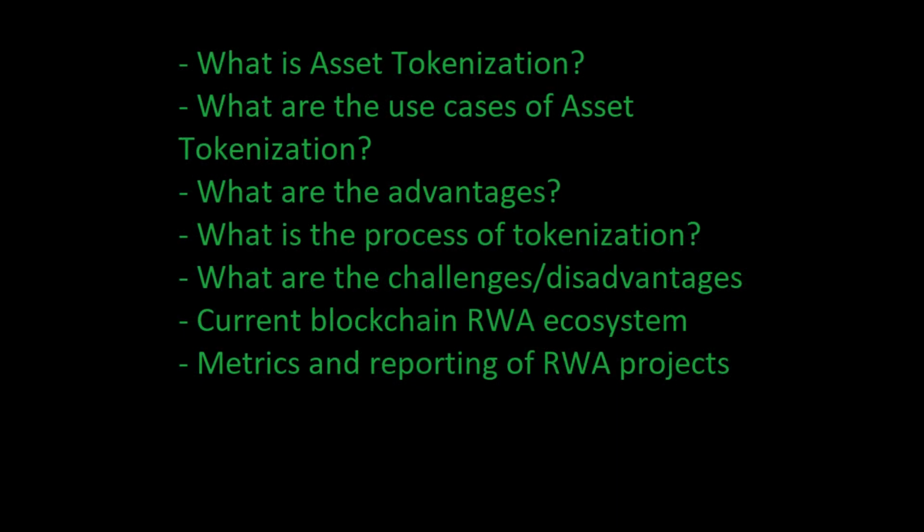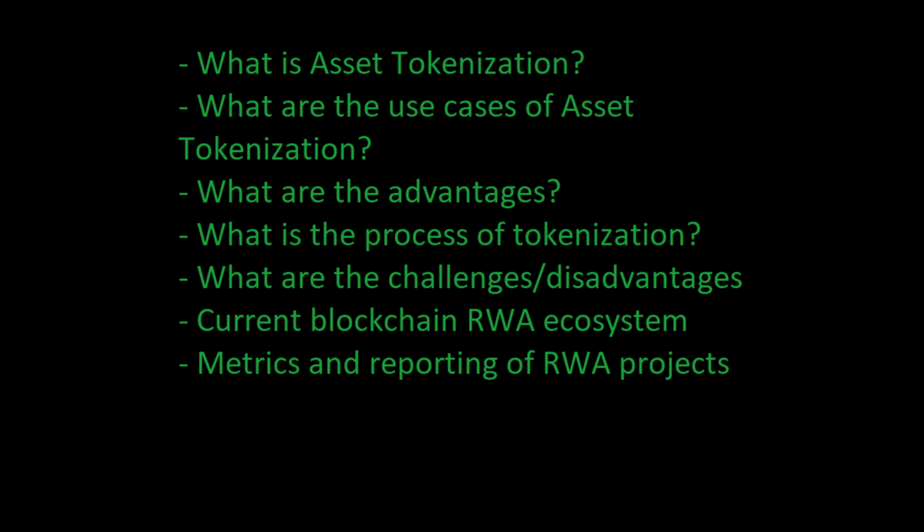Here is the list of topics that I will cover throughout the series, starting with the meaning of asset tokenization, or RWA, followed by use cases of asset tokenization, the various advantages it provides, then we'll look at the process of tokenization, followed by any challenges or disadvantages there are.